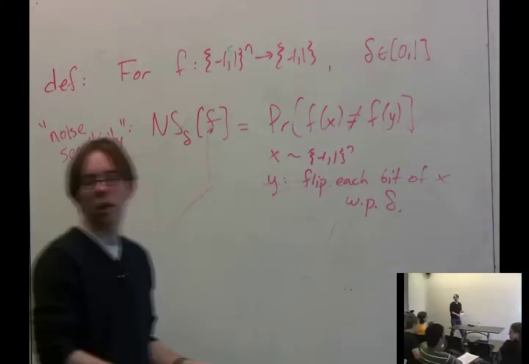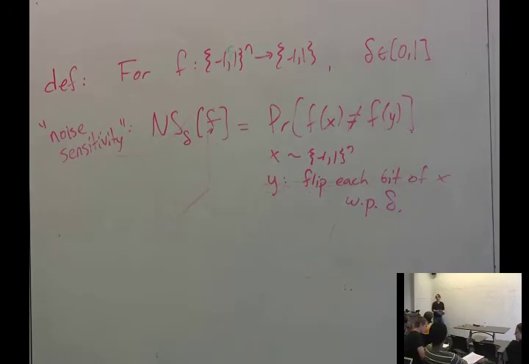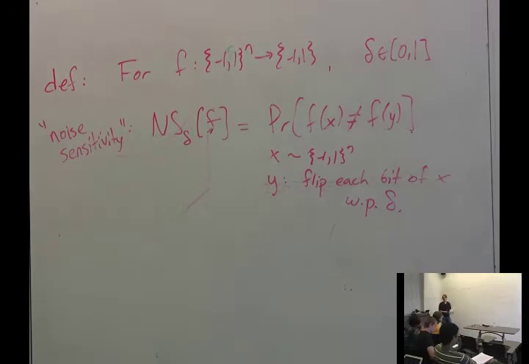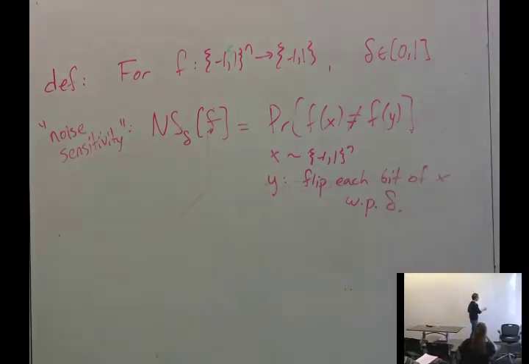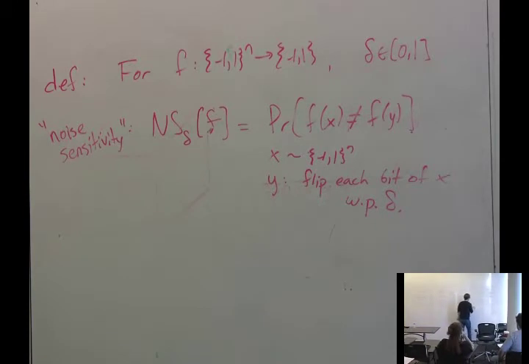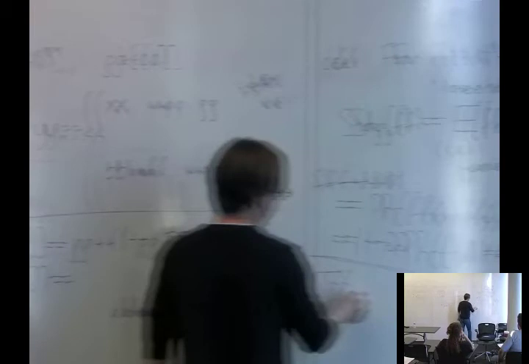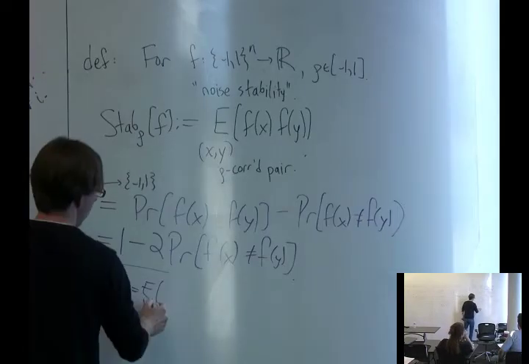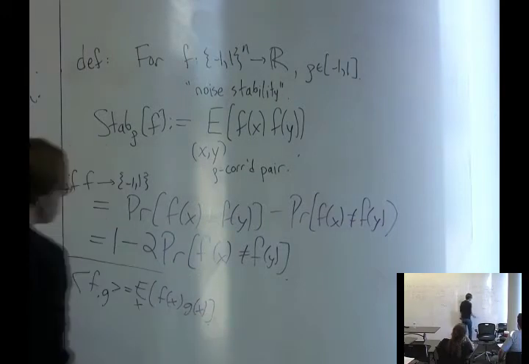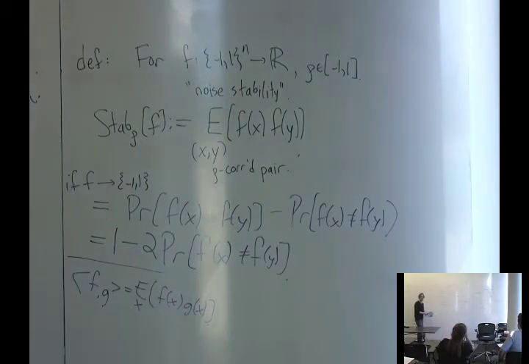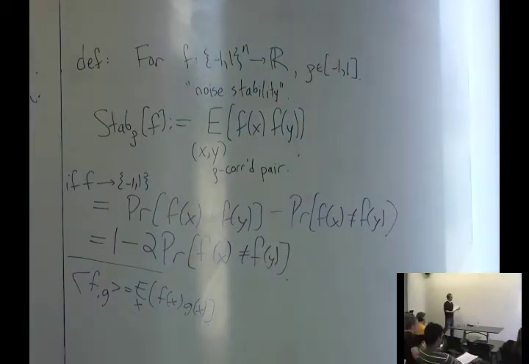I guess it's also about the norm. If f is 0 most of the time, its norm would be low. So I guess we are comparing stability with the norm of the function. Kind of. It's kind of like a modified inner product. Remember we have this inner product we love between functions f and g, which is the expected value over random x of f(x)g(x). And yes, it has more of a combinatorial meaning if f and g have range, let's say, plus or minus 1.